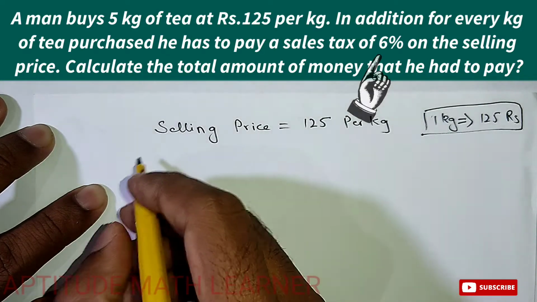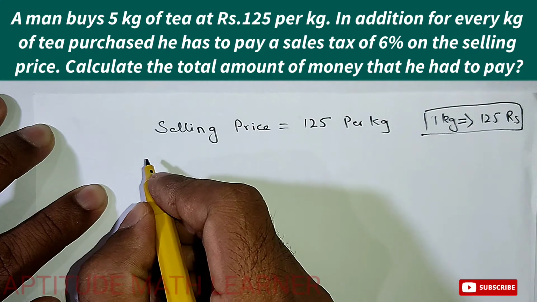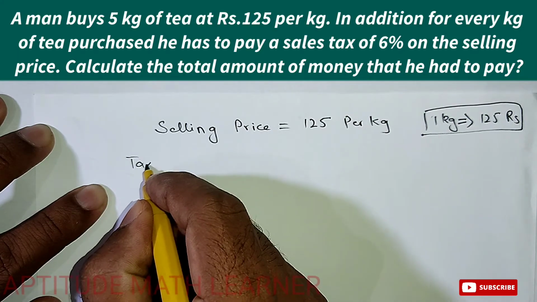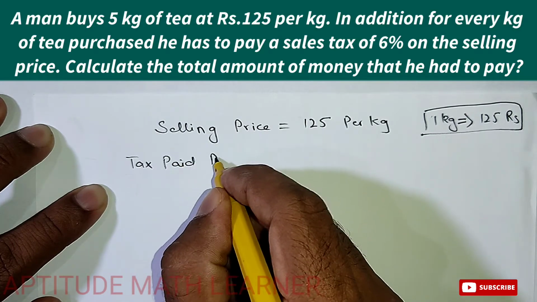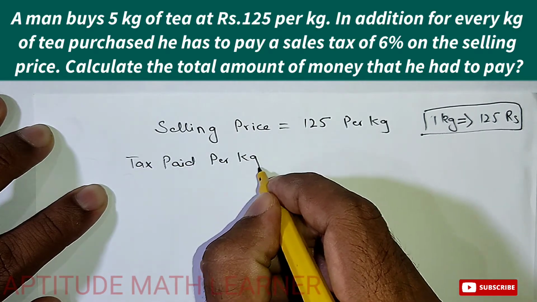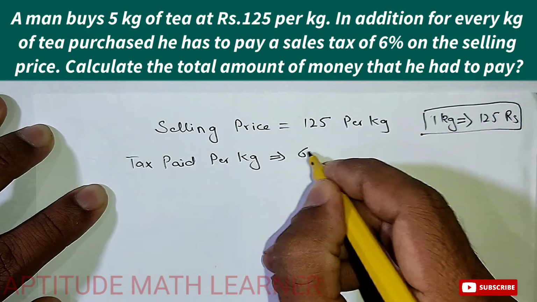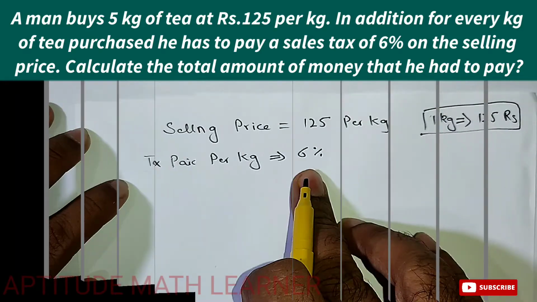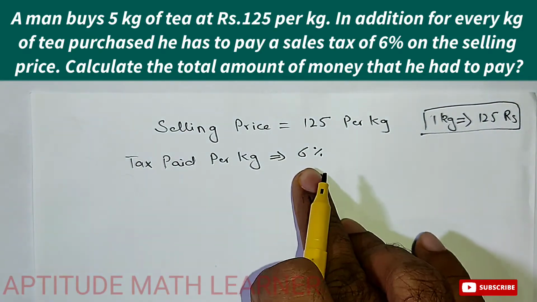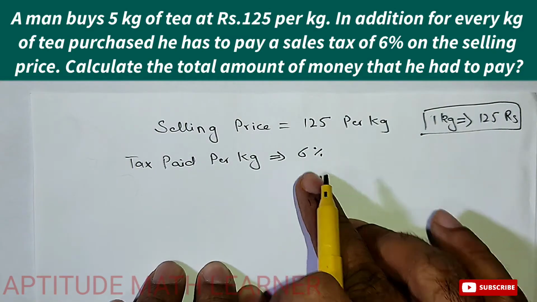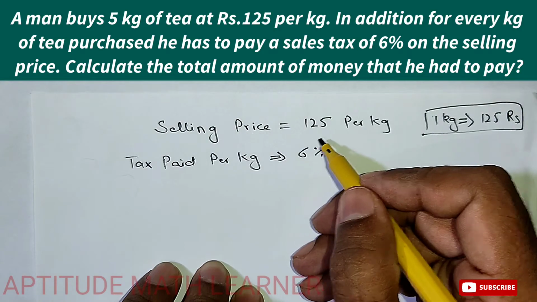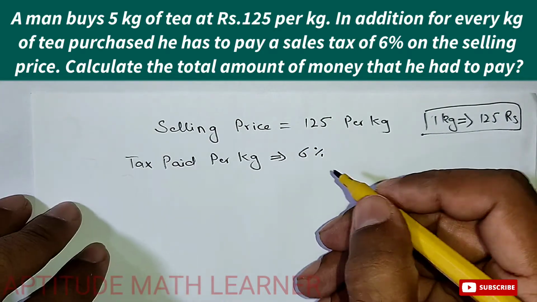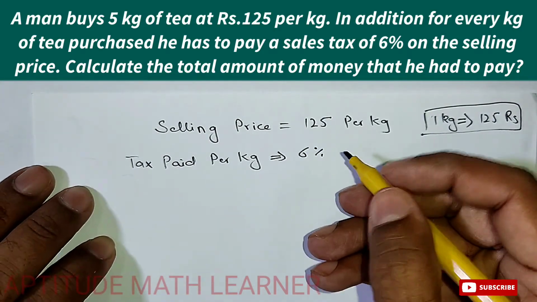So the tax paid per kg, that is how much? That is 6%. So for 1 kg he also has to pay 6% of this amount.